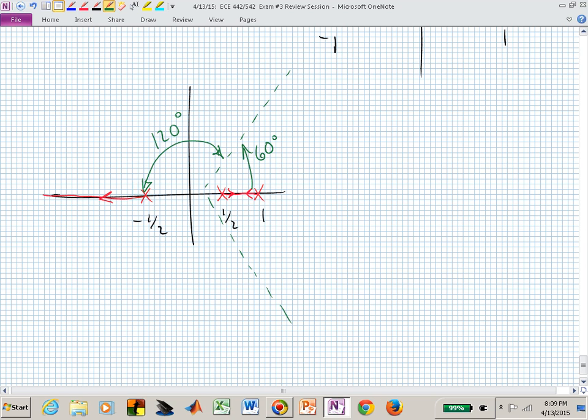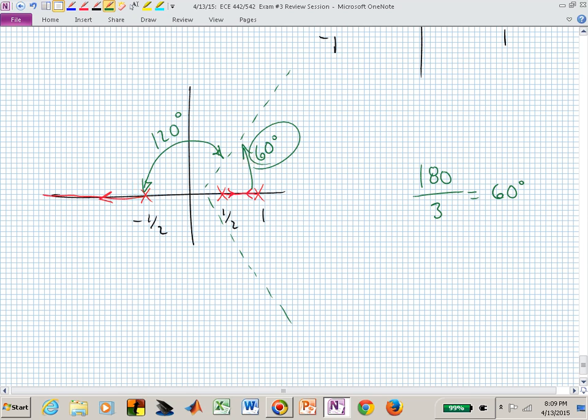How many zeros at infinity did you have? So what you will see is that you will have 180 divided by the pole zero excess, which gives you this fundamental angle, and then you can use that to figure out where all the others are. Suppose you had 4 poles, no zeros.